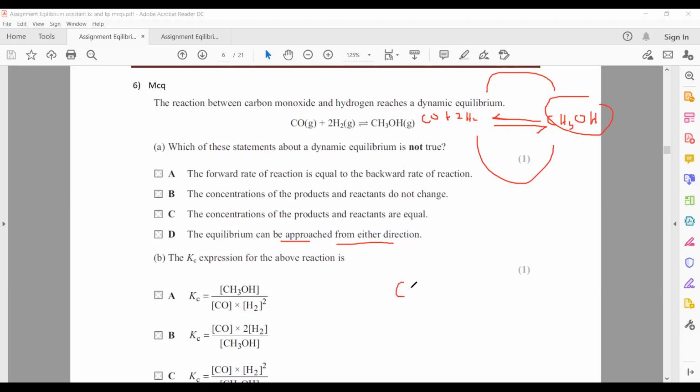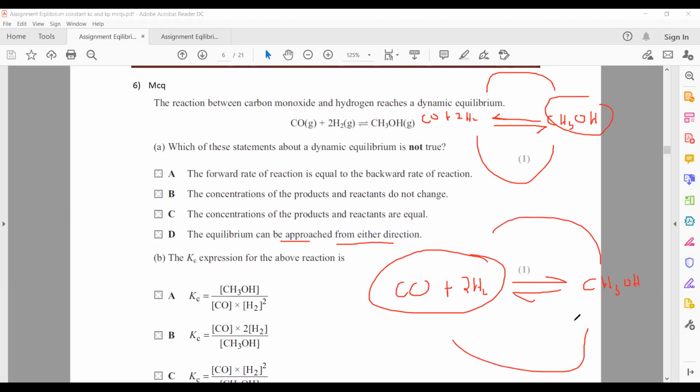Or if I don't have methanol, and originally I have carbon monoxide and hydrogen, and I react both of them, what will it form? It will form methanol, and we will reach a time when the rates of the forward and the backward reactions are the same. So we will say we reach equilibrium. So equilibrium can be approached from either direction.